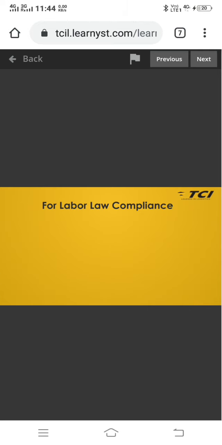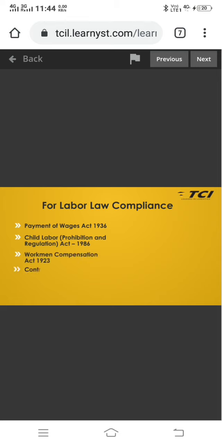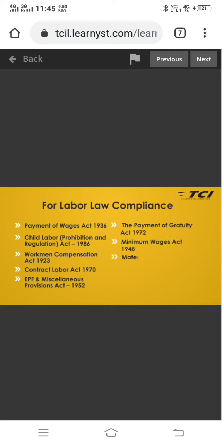Following acts need to be complied inside your workplace effectively and continuously: Payment of Wages Act 1936, Child Labor Prohibition and Regulation Act 1986, Workmen's Compensation Act 1923, Contract Labor Act 1970, EPF and Miscellaneous Provisions Act 1952, the Payment of Gratuity Act 1972, Minimum Wages Act 1948, Maternity Benefit Act 1961, Sexual Harassment of Women at Workplace Prevention, Prohibition and Redressal Act 2013.